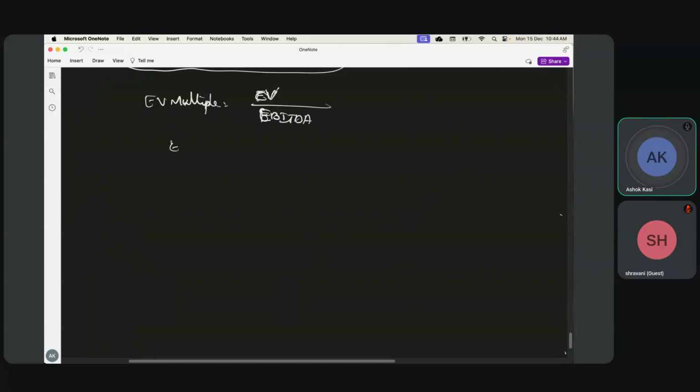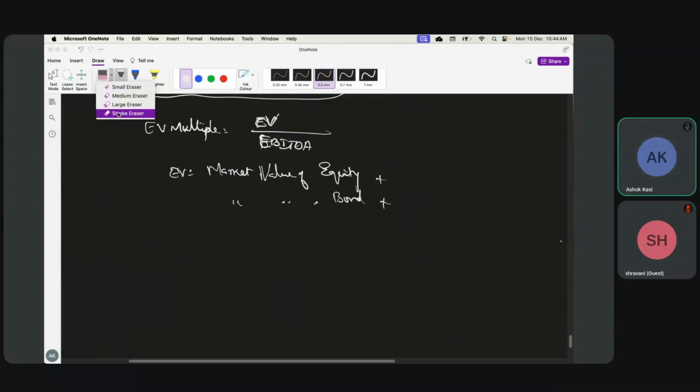So EV is equal to what? EV is equal to market value of equity plus market value of debt, not bond, I should say debt, because it includes all debt.